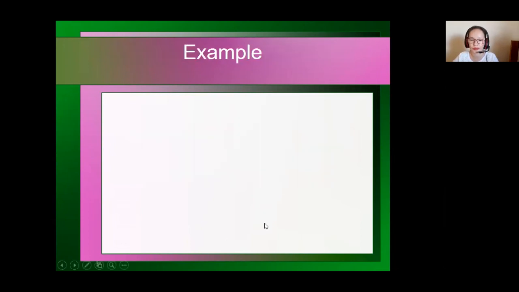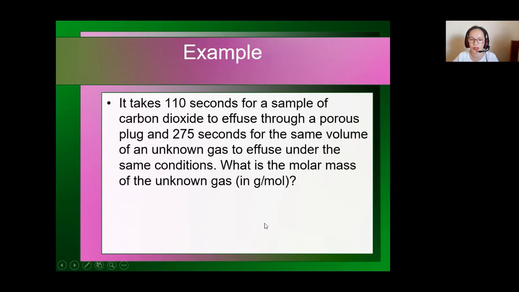Say for example, it takes 110 seconds for a sample of carbon dioxide to effuse through a porous plug and 275 seconds for the same volume of an unknown gas to effuse under the same conditions. What is the molar mass of the unknown gas in grams per mole?